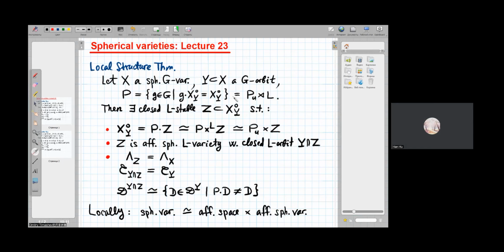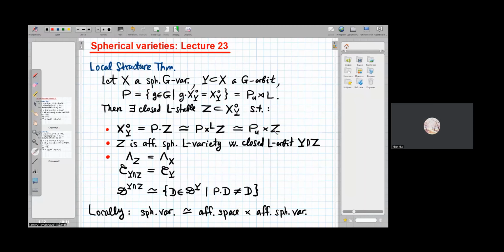This is because of this direct product decomposition for the open B chart, because this first factor is the unipotent group, and the unipotent group is isomorphic via the exponential map to its Lie algebra, which is just an affine space, or a vector space, if you like. This is this first factor.